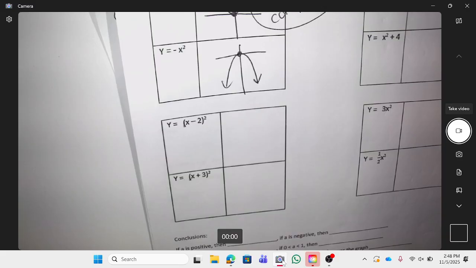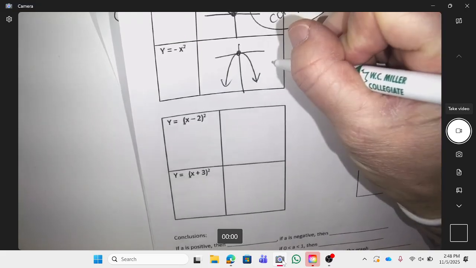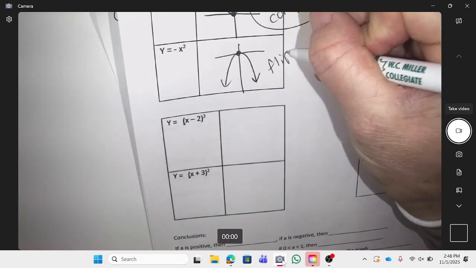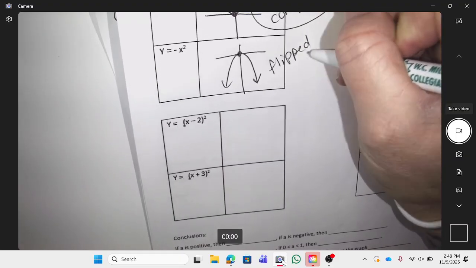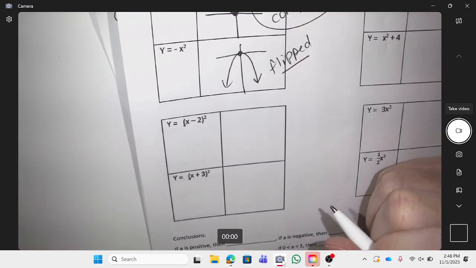Okay, what visually did you see happened? Give me a word. What happened? I'm going to use the word: it flipped. You like that word? I don't like the word down because moving down is different than flipping.